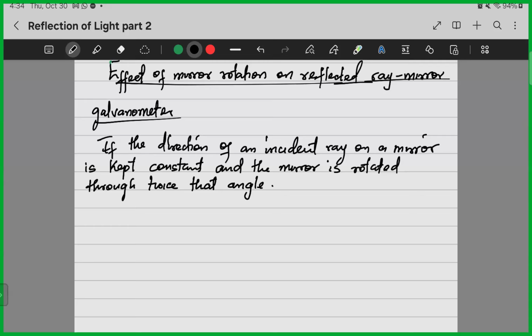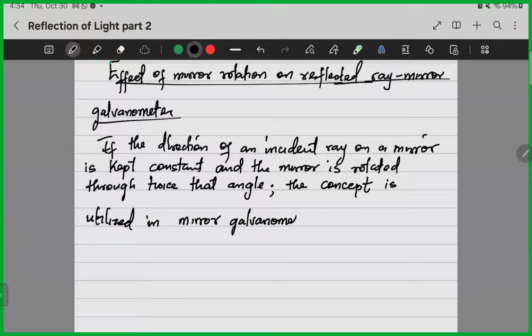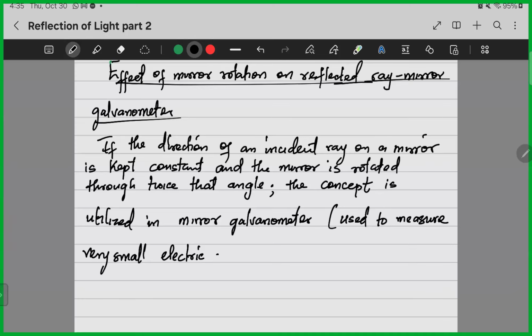this concept is utilized in what we call a mirror galvanometer, used to measure very small electric current.